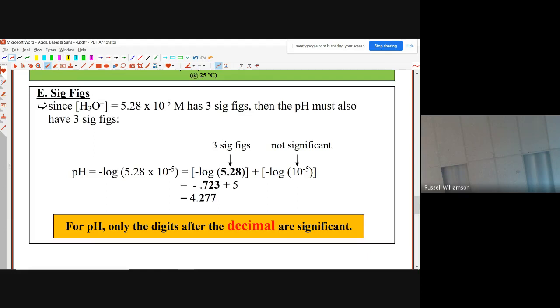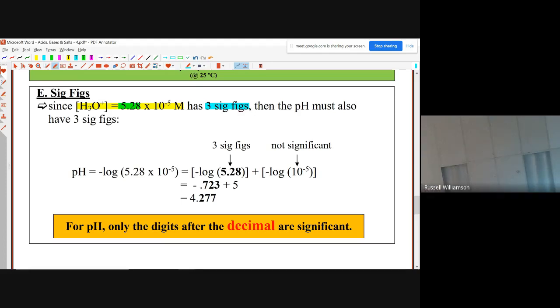So since hydronium concentration, well, if we had a value of, let's say, hydronium is 5.28 times 10 to the minus 5 moles per liter, we would say that the 5.28 is the significant part, right? So we would say 3 sig figs.